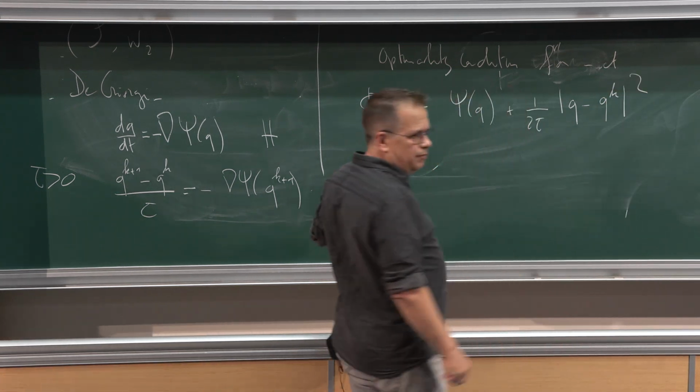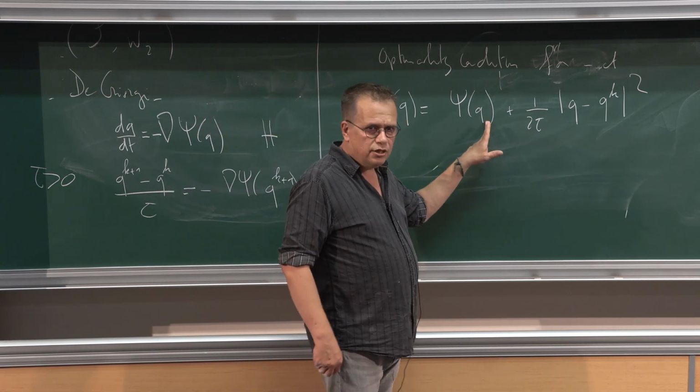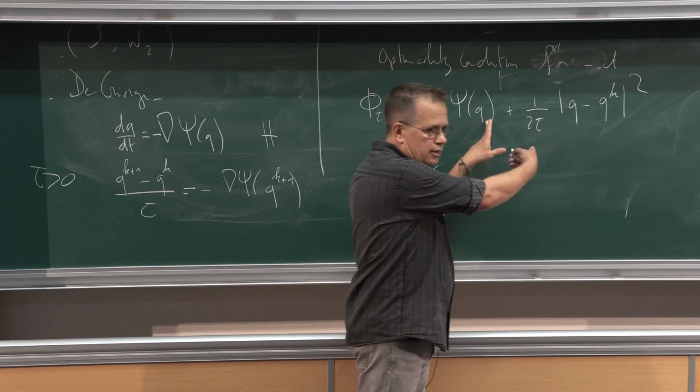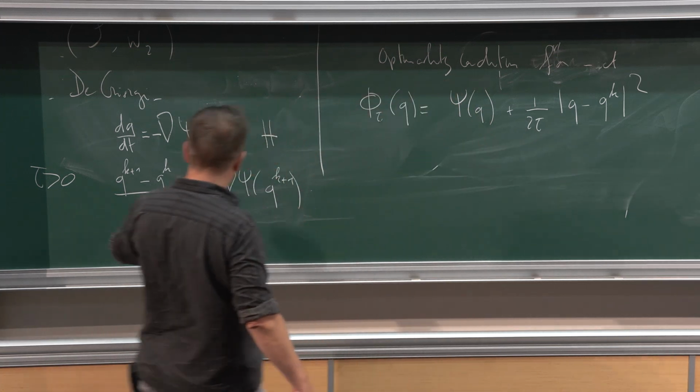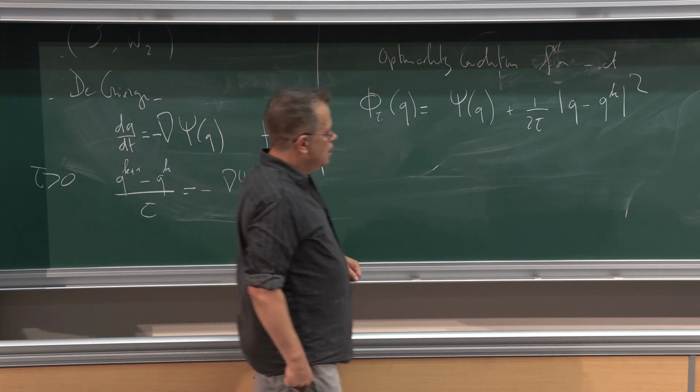What I'm saying simply is that if you take this functional, you take the gradient, and you write that the gradient is 0, then you get exactly that by changing the place of things.